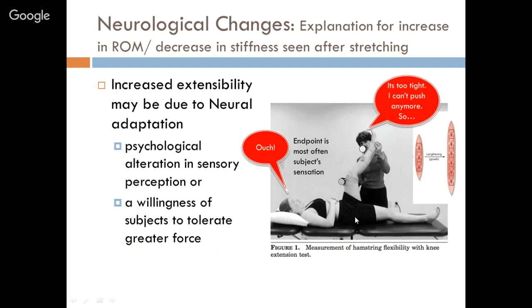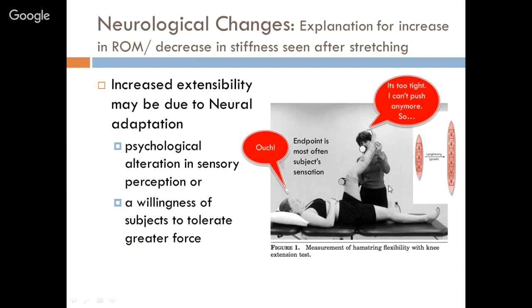Clinically, we often assume that this position is also indicative of the length of the muscle. That is, the muscle is short, beyond that it cannot be pushed. So constant pushing, or the treatment that is given, is often assumed to increase this length.